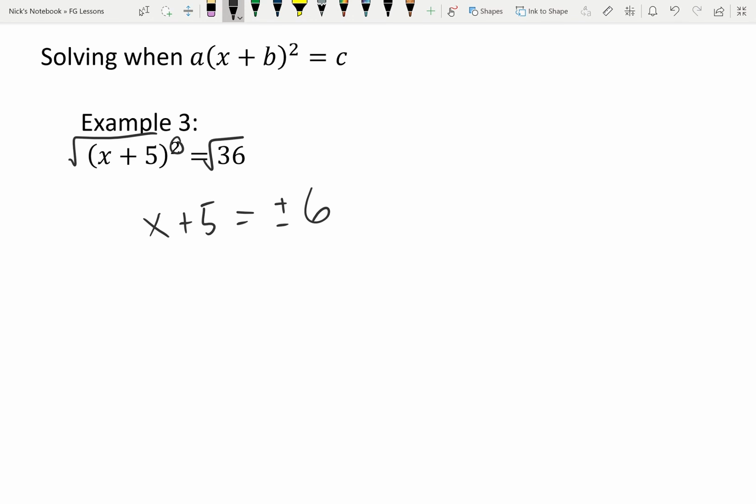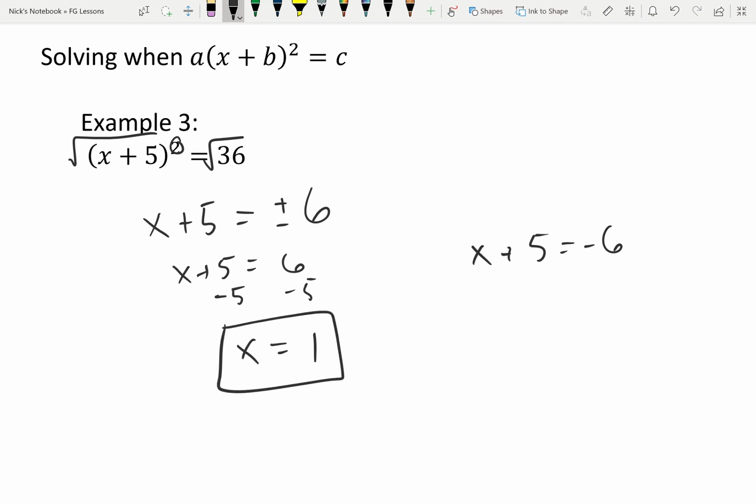So we have x plus 5 equals 6, x plus 5 equals negative 6. Now it's a pretty easy one-step equation where x equals 6 minus 5 is 1. And then we have negative 6 minus 5 is negative 11.